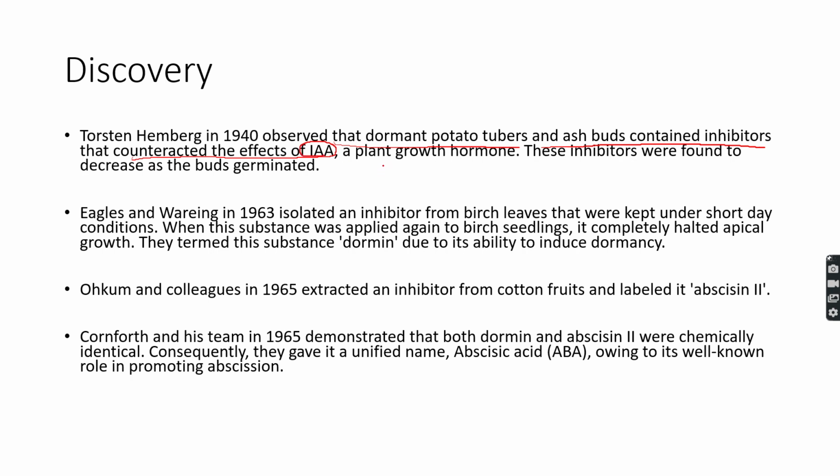That means some chemical present in the dormant potato tubers and ash buds was an antagonist to IAA, a plant growth hormone. These inhibitors were found to decrease bud germination. That means they were causing bud dormancy.